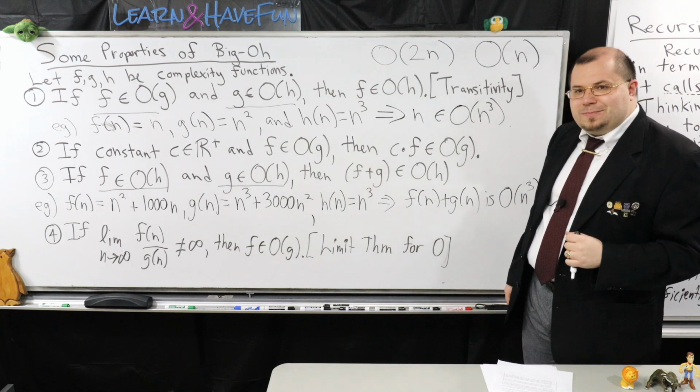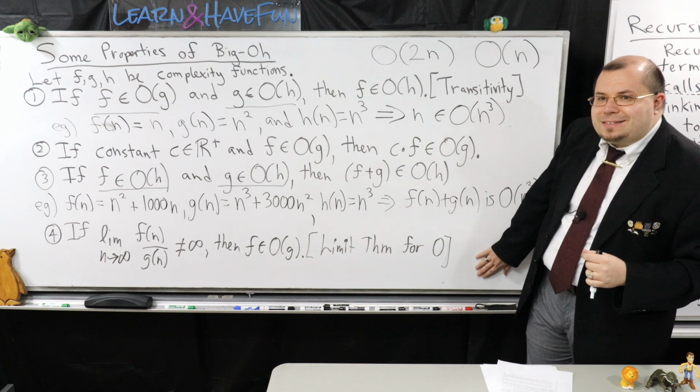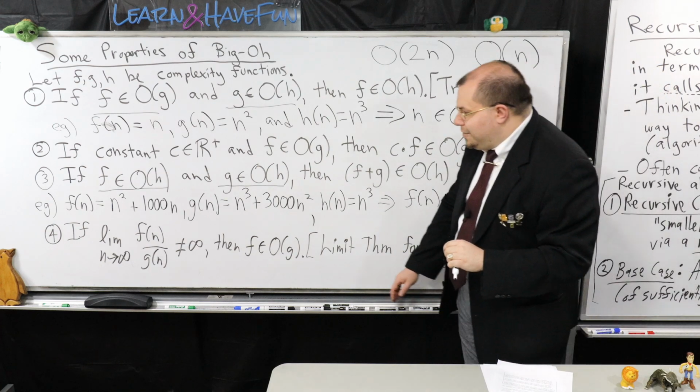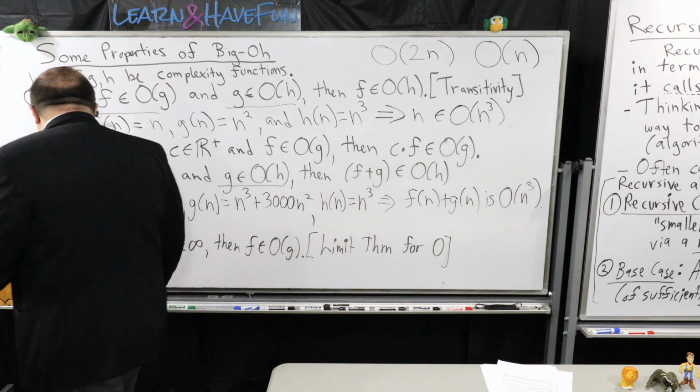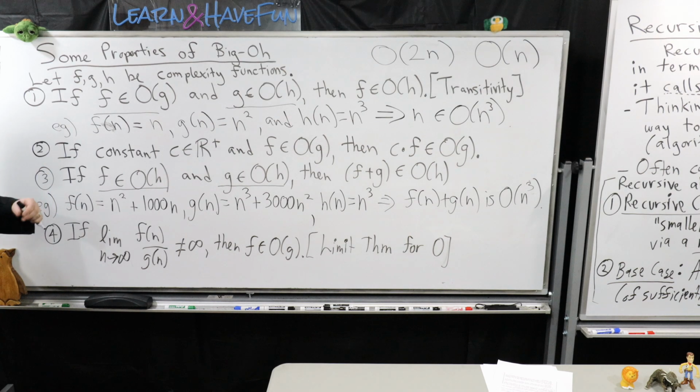Okay, great. So I'll quickly mention the fourth one. It involves limits. The one thing that's handy is that if I have f and g, and I can take the quotient of these two and evaluate the limit as n approaches infinity, and it's not equal to infinity, then you can conclude that f is big O of g.